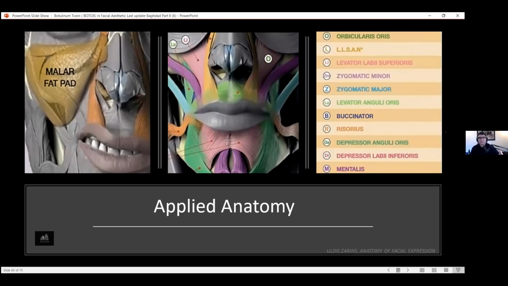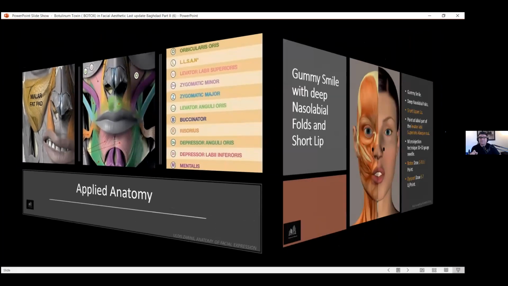As you know, the orbicularis oris, the levator labii superioris alaeque nasi, levator labii superioris, the zygomatic major and minor, levator anguli oris. The buccinator and risorius are actually a little bit far from the modulus part. And for the lower, maybe we'll discuss with other topics.